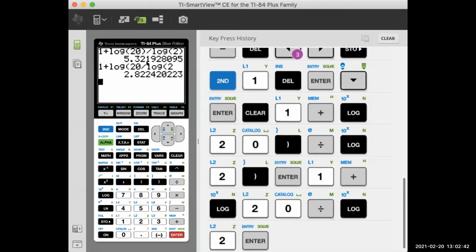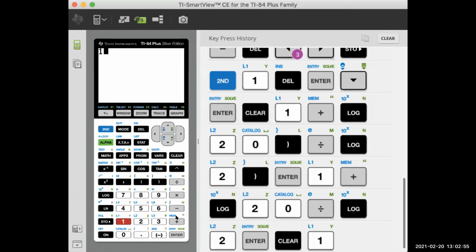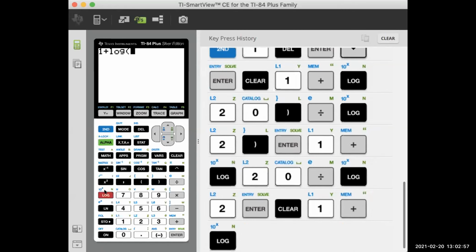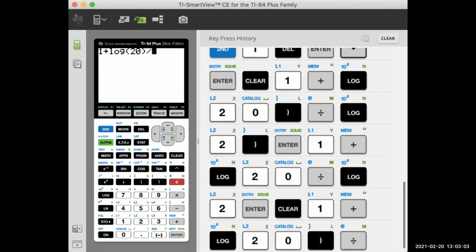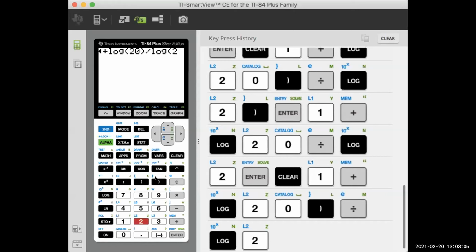What you notice here is you should end your parentheses. So let me clear that. You should write in 1 plus log 20 in your parentheses, divide by log 2, and then hit enter. And that'll give you your right answer.